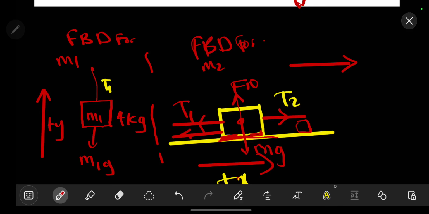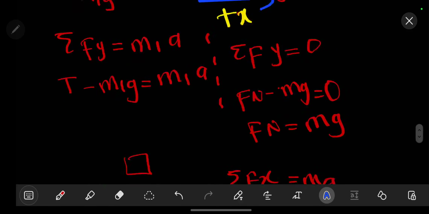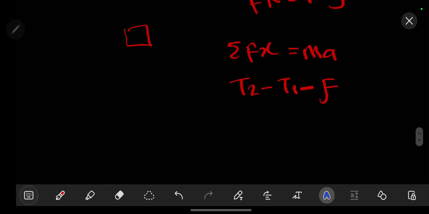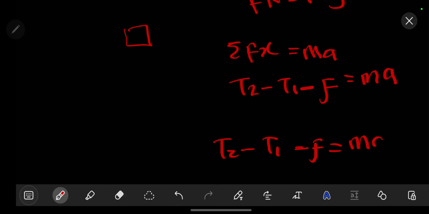Let me use a different color. As we can see, friction will be acting in this direction because the object is moving in the other direction, so friction will be opposing the motion. That's why we subtract the friction as well. So we have T2 minus T1 minus our frictional force is equal to our ma.